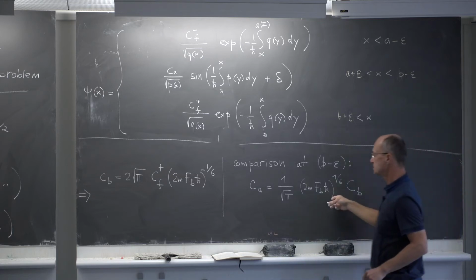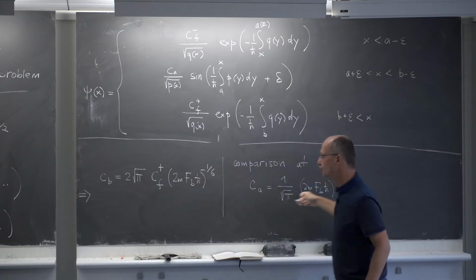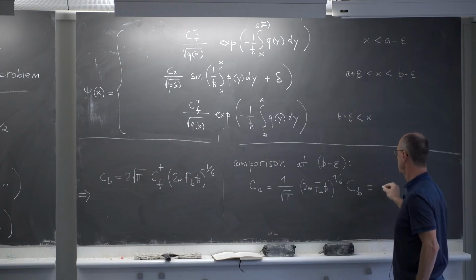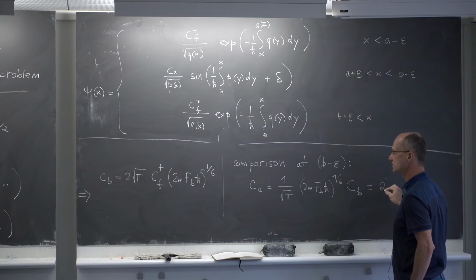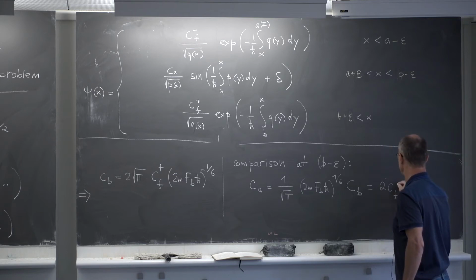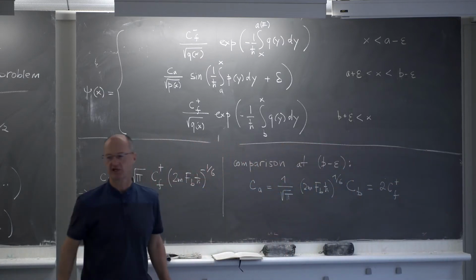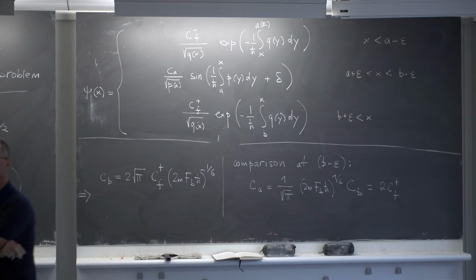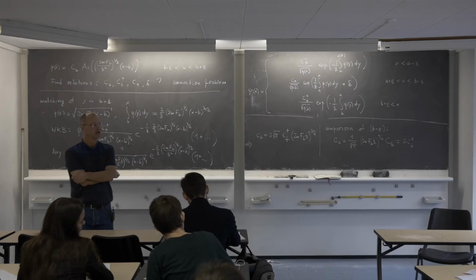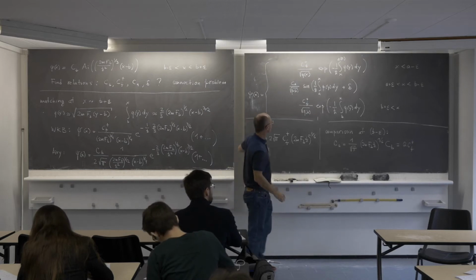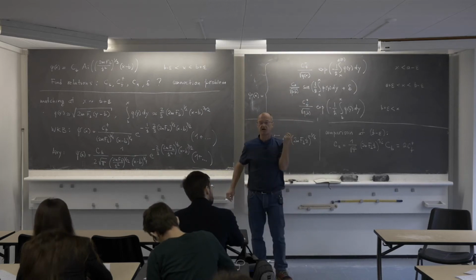So now, of course, you can substitute one into the other, and we obtain CA is equal to CF plus. So that's a kind of beautiful relation between the constants of the two WKB asymptotics. And you know where this coefficient 2 comes from.